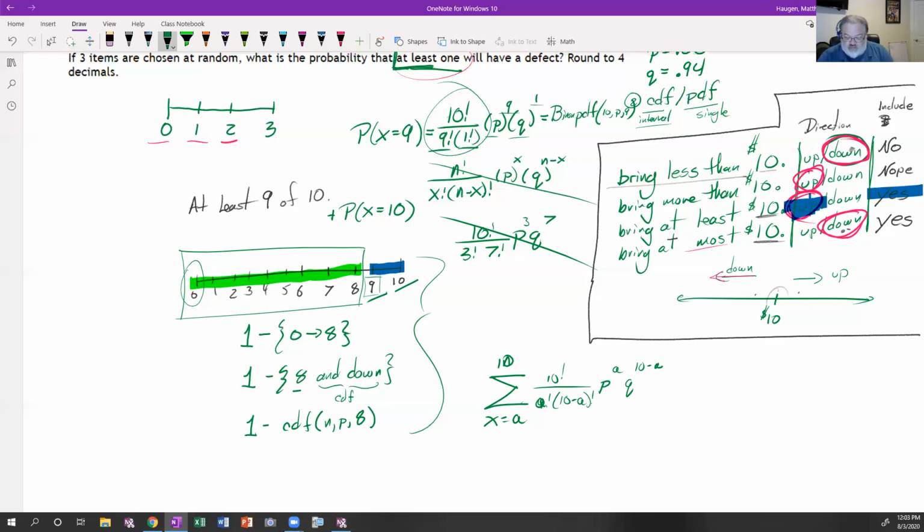What the CDF does is take that formula and add them together as you go from either your 9 to 10 or 6 to 10, whatever range you're trying to do, adds them up. And technically it adds them up from 0 to A because it adds downward, sorry. But the CDF is just adding this together over and over and over again.